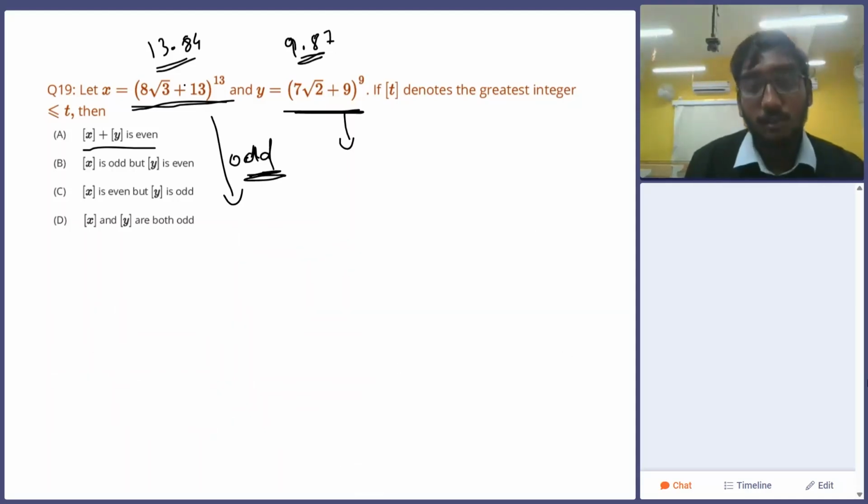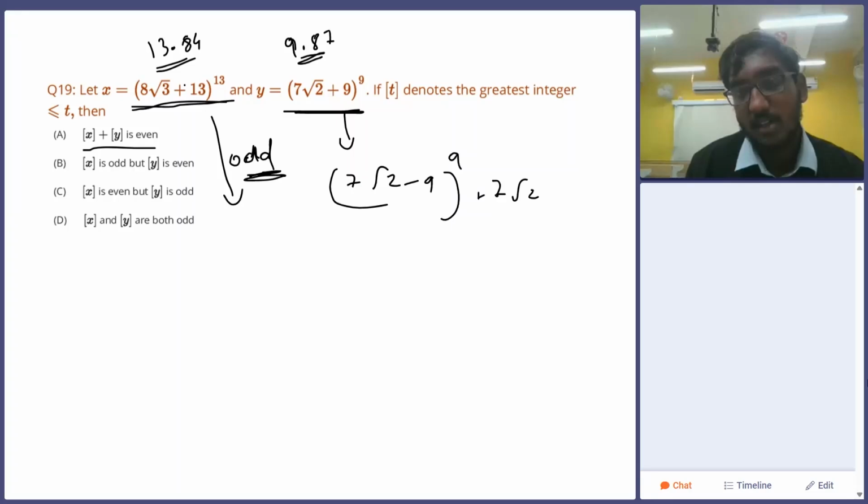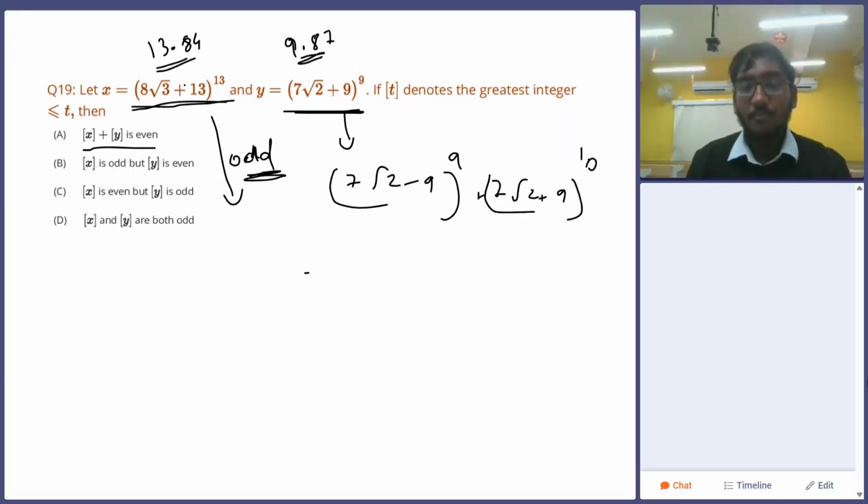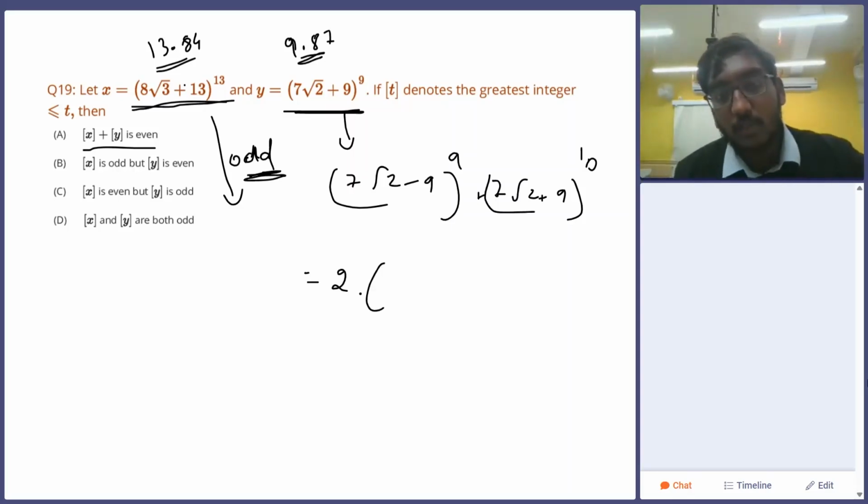So what is 7 root 2 minus 9? It will be like 0.87, whole power 9, plus 7 root 2 plus 9 whole power 9. The sum will be what? All the irrational part will get cancelled. Only the rational parts, that is purely the integral part, will be there. 2 times the sum of all the odd terms, let's call it 2i, 2 times some integer.